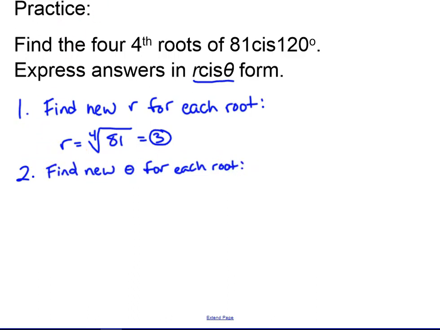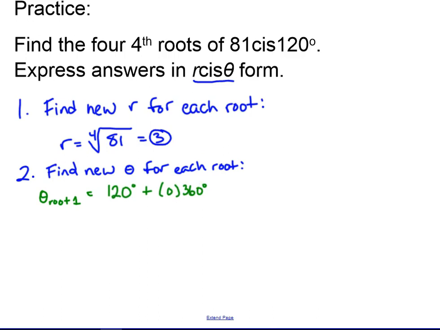For example, for our first root, we're going to call that theta root 1. Theta root 1 is going to be, you're going to take the 120 degrees and add on 0 360s.